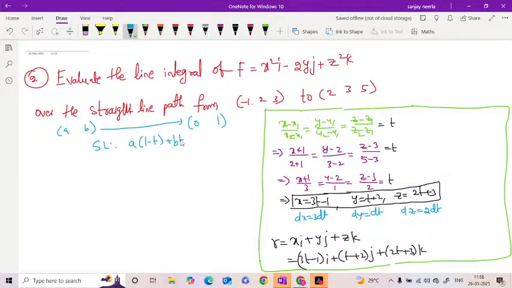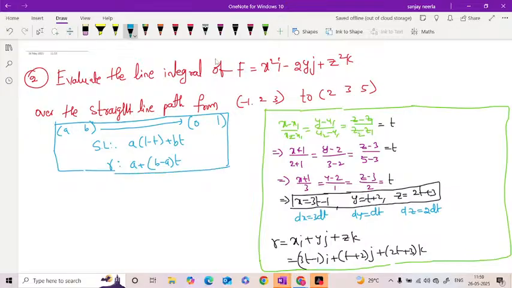After substituting t is equal to 0, we will get the a value. After substituting t is equal to 1, we will get the b value. That means our vector r we can write as a plus b minus a into t. So from this formula also we can easily get our parametric form.